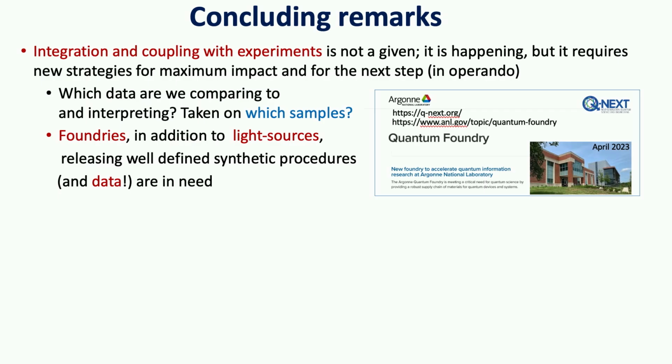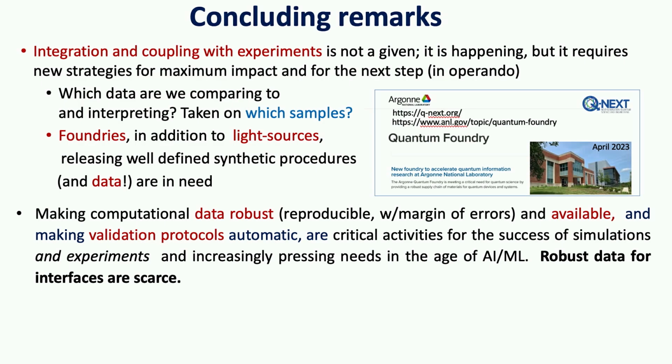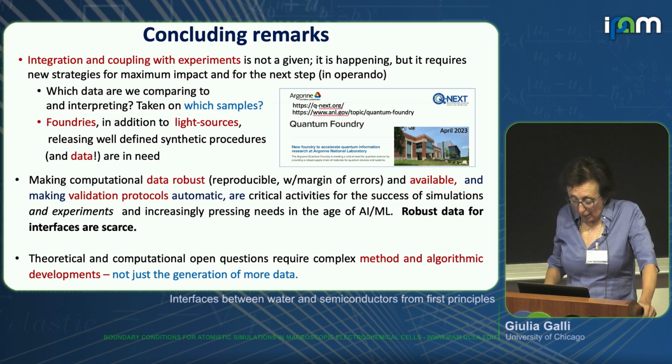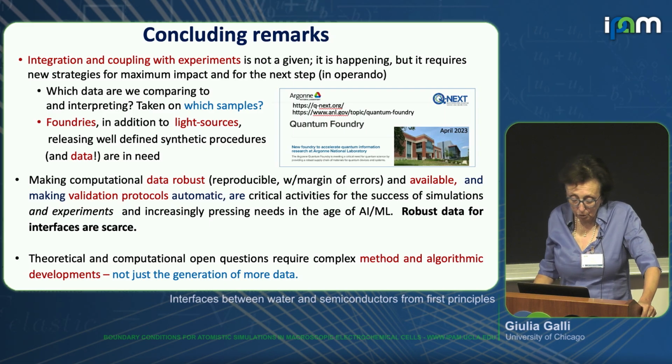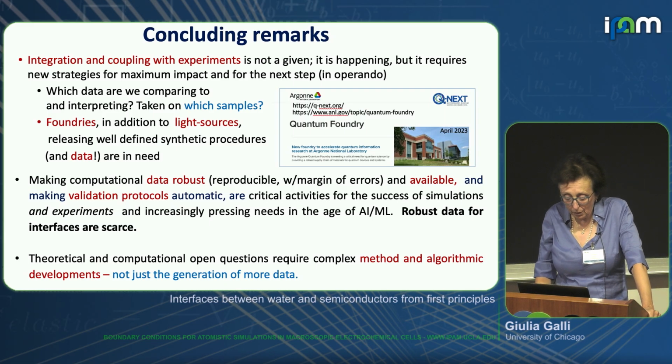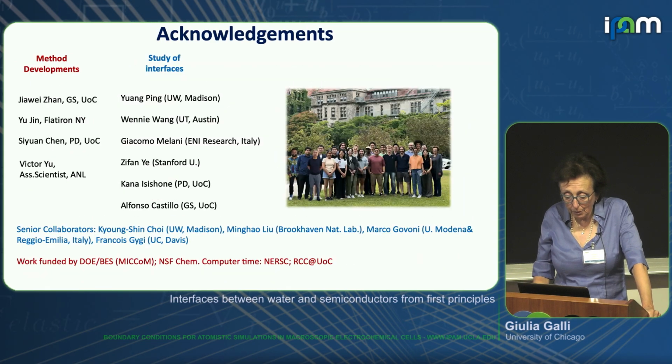And there is a quantum foundry for systems that are much simpler than interfaces at Argonne, where people are trying to do that. In terms of validation of data, robust data for interfaces are very scarce, and this is certainly a problem. And of course, we don't need only to generate more data, but a lot of development is required to make progress in this field.